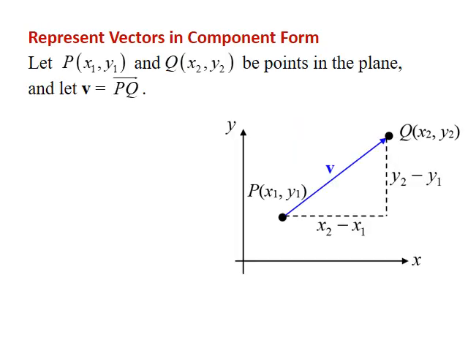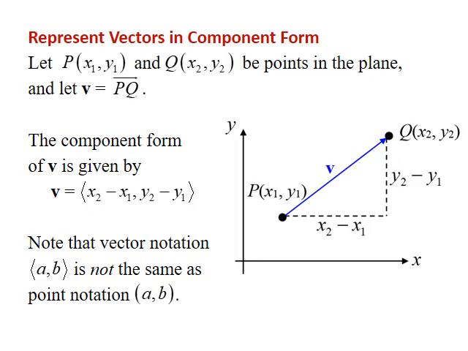Now we're getting to the meat of this section, the things that I think are more commonly seen and more widely used. Oftentimes we will want to represent vectors in component form. And representing vectors in component form looks something like this.